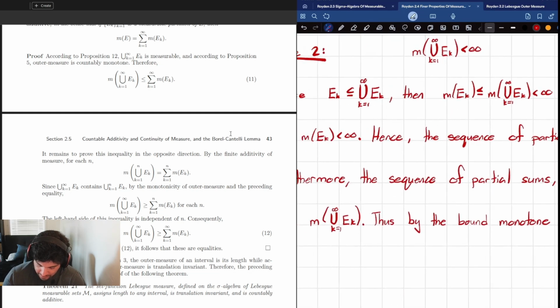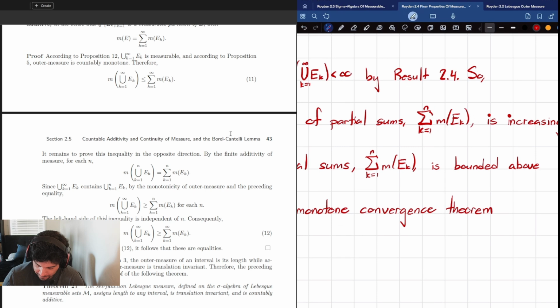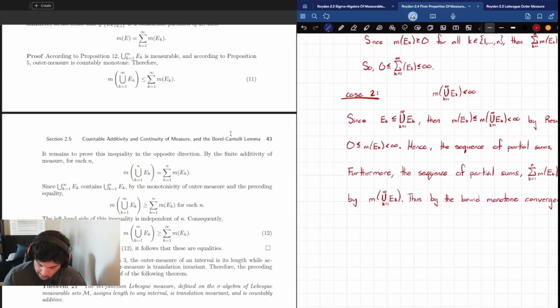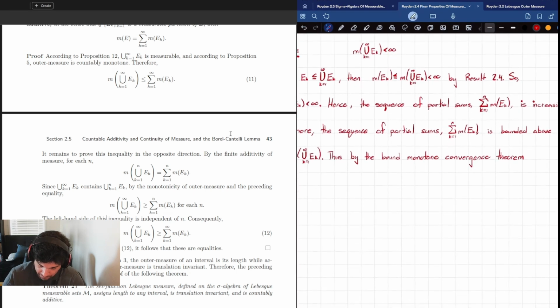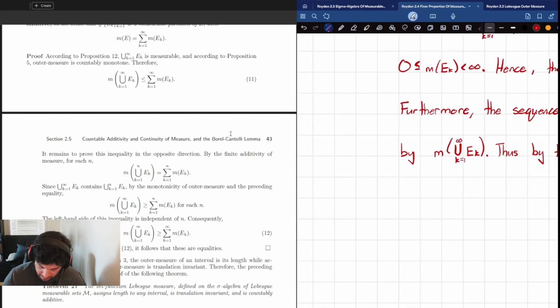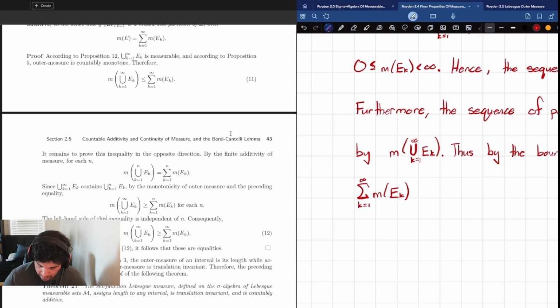Yeah, that's by the bounded monotone convergence theorem. This sequence converges. This is less than, and it converges.